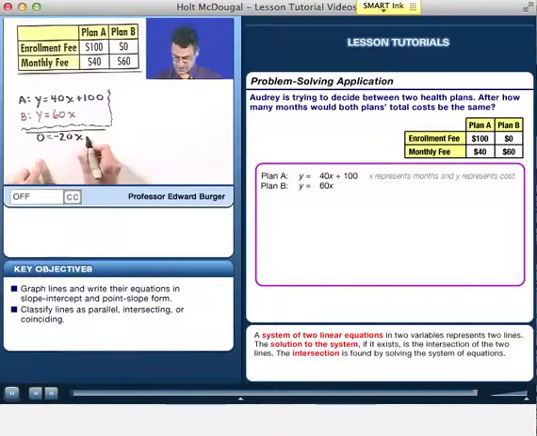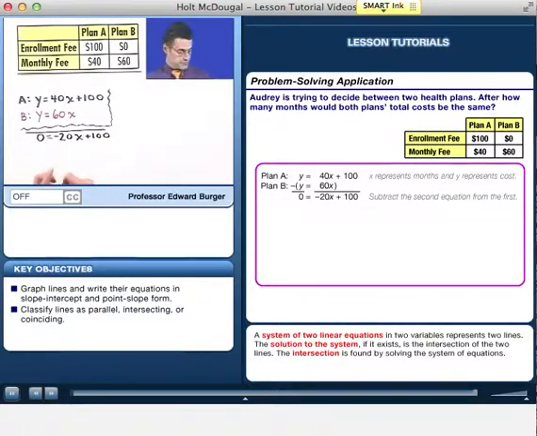And then 100 minus 0 is plus 100. I can now add 20X to both sides to undo that subtraction. And when I do that, I see 20X equals, and negative 20X plus 20X is just 0, so equals 100.